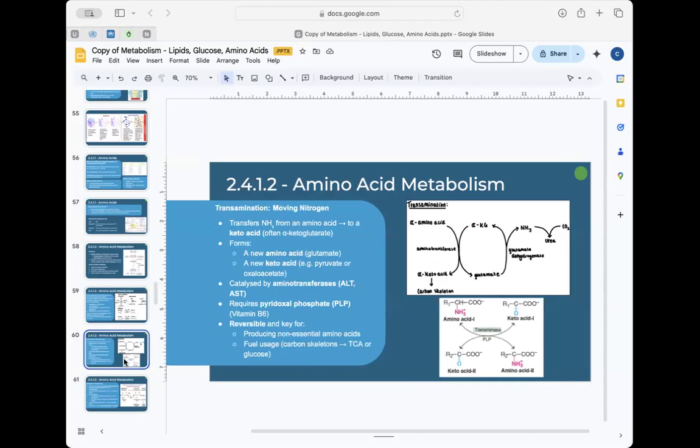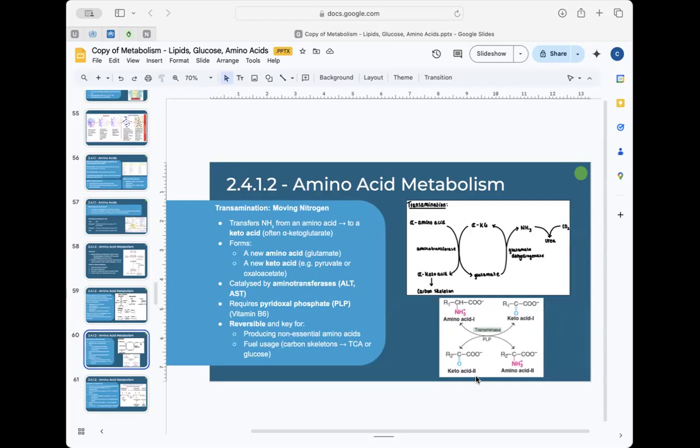Transamination is the moving of nitrogen basically, and we've got two diagrams there that display how that happens. We're transferring NH2 from an amino acid to a keto acid, which is often alpha ketoglutarate, and that forms a new amino acid and a new keto acid. It is catalyzed by aminotransferases and requires vitamin B6.